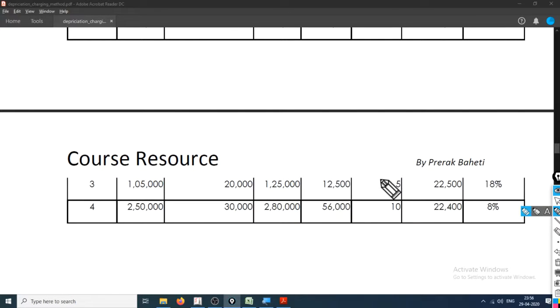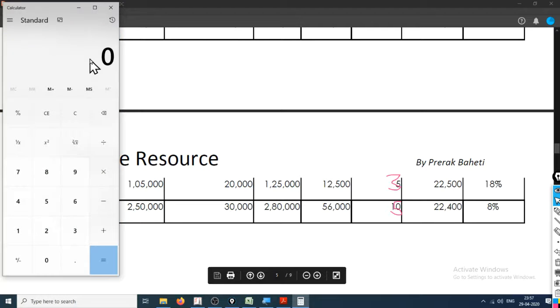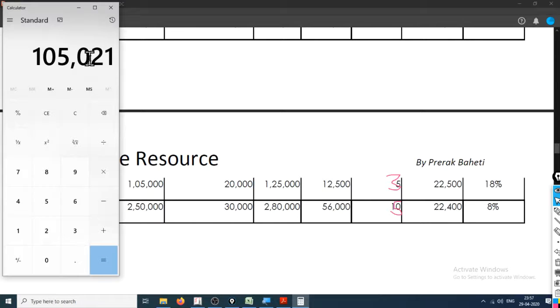It should be 3 only, and right here it should be 5. If it takes 5, we can do it by 5 also. I'll show you. 1,05,000 plus 20,000 minus 12,500 comes to 1,12,500 divided by 5.